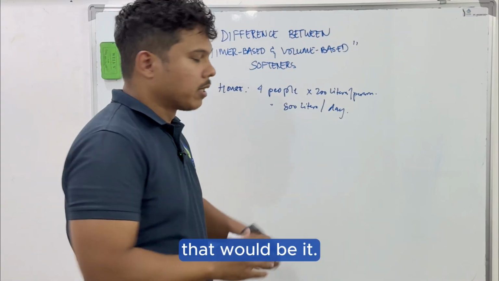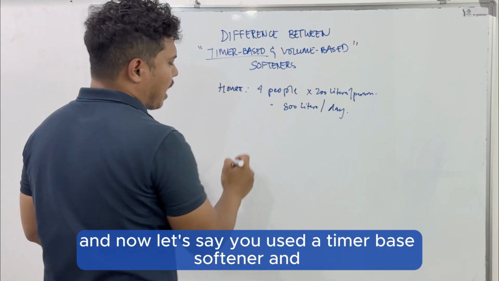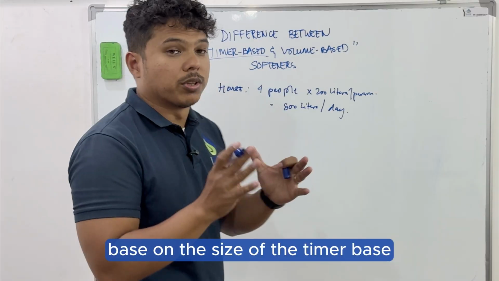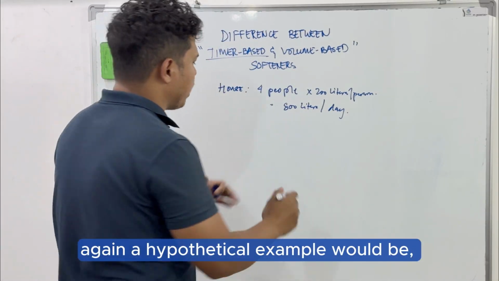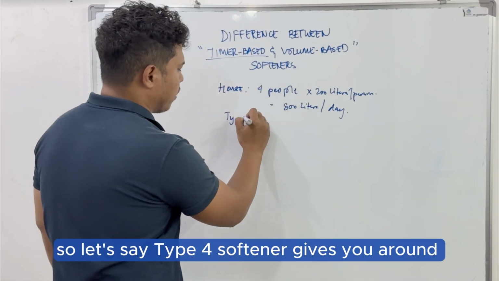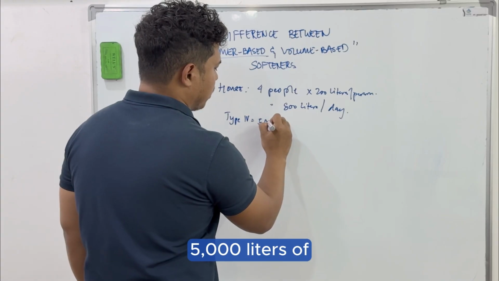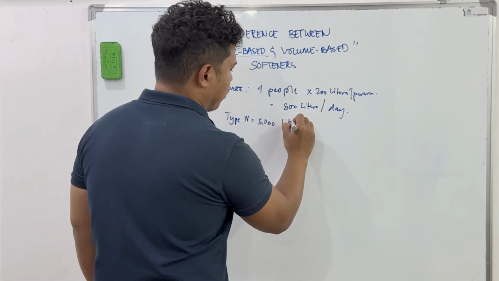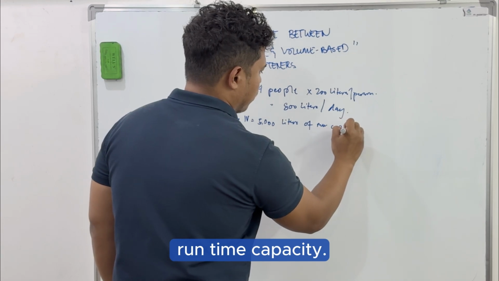That would be it. And now, let's say you used a timer-based softener, and based on the size of the timer-based, again, a hypothetical example, we have a type 4 softener. Let's say a type 4 softener gives you around 5,000 liters of runtime capacity, okay?